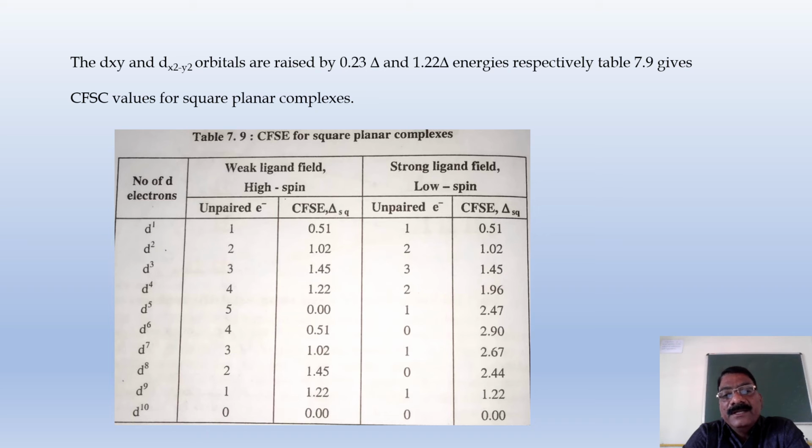For the d1 system, CFSE is 0.51 delta for square planar, d2 1.02 delta, d3 1.45 delta, d4 1.96 delta, d5 2.47 delta, d6 2.90 delta, d7 2.67 delta, d8 2.44 delta, d9 1.22 delta, and d10 0 delta.